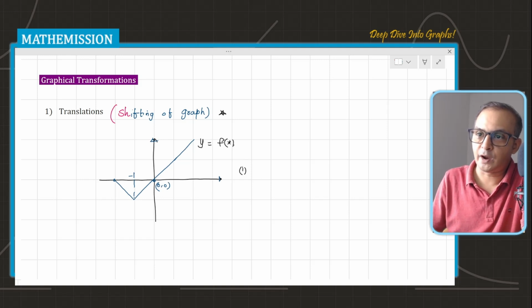Suppose you have y is equal to f(x), and the other function I'm writing is y is equal to f(x minus k) first. The second kind of thing that can happen is y is equal to f(x plus k).